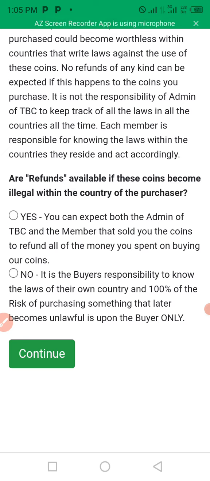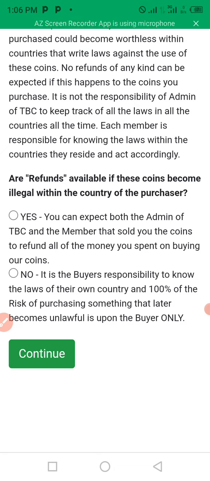Number 2, no. It is the buyer's responsibility to know the law of their own country, and 100% of the risk of purchasing something that later becomes unlawful is upon the buyer only. So number 2 is the right answer.